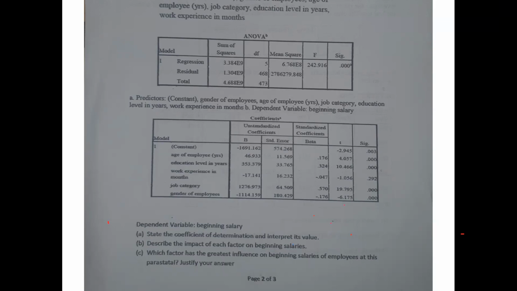It has got a huge impact, a lot of impact. Approximately on average, it will be about 353 unit increase. So education will really determine what your beginning salary is.